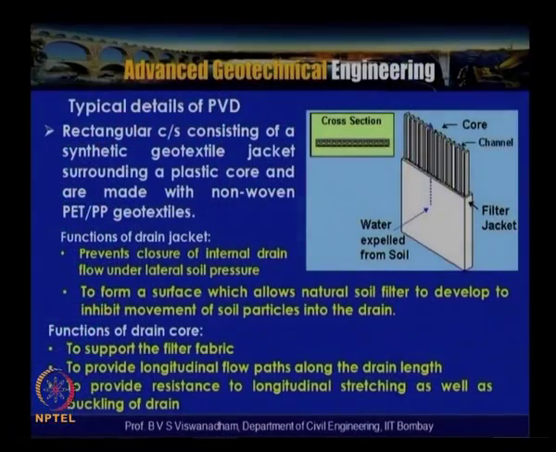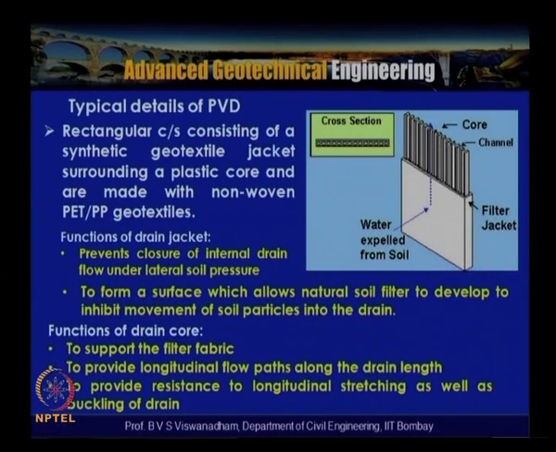Now, let us look into the typical details of a PVD, the prefabricated vertical drain. In this slide, we see a typical plan view and a cross section of a PVD. We see the filter jacket, and inside is the core, and between the cores are the channels, all covered by the filter jacket.